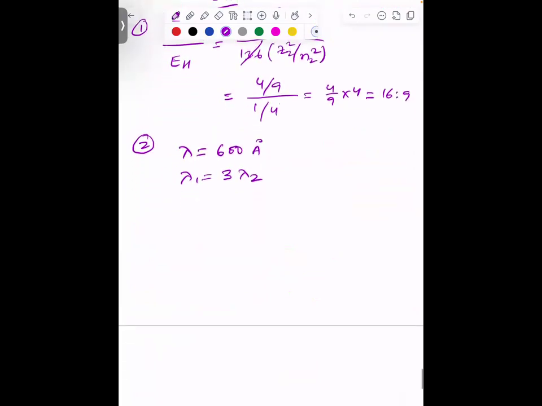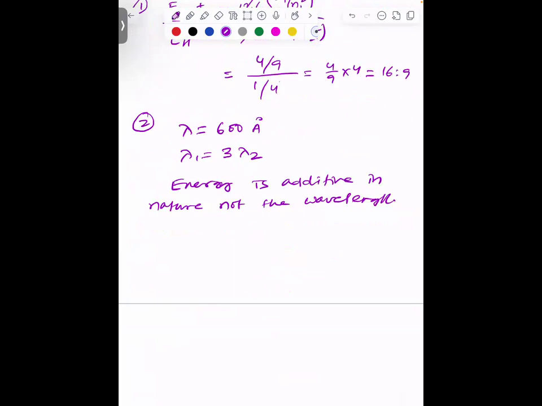Friends, remember, energy is additive in nature, not the wavelength. Energy is additive in nature, not the wavelength.